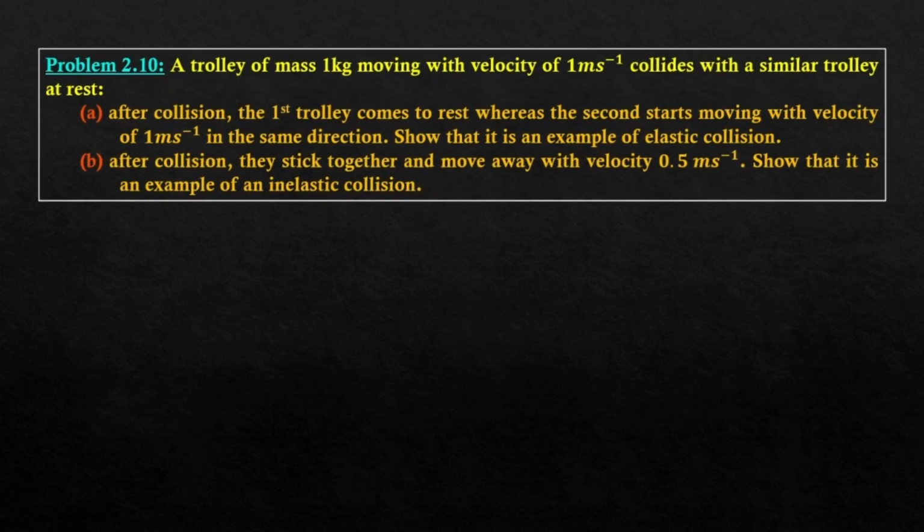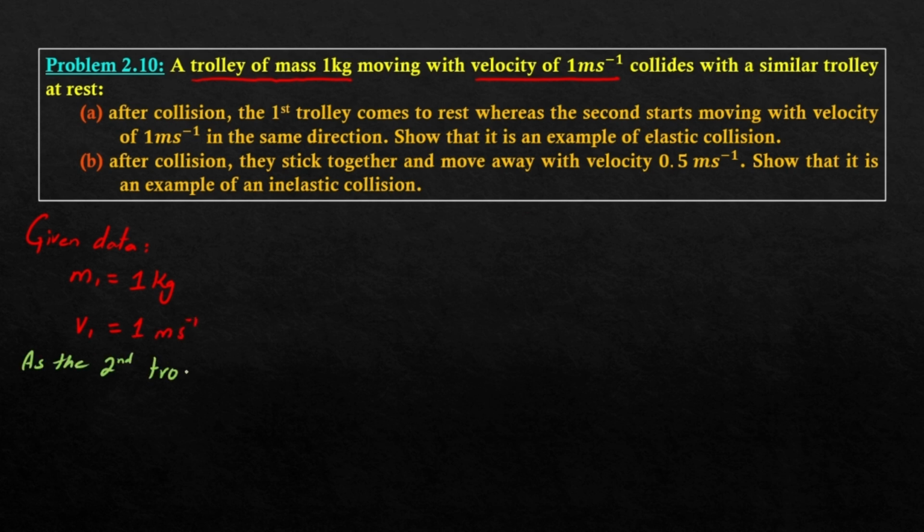Numerical number 2.10. A trolley of mass 1 kilogram moving with a velocity of 1 meter per second collides with a similar trolley at rest. So the given data is: mass of the first trolley m1 equals 1 kilogram, which moves with a velocity of 1 meter per second, so v1 is equal to 1 meter per second.